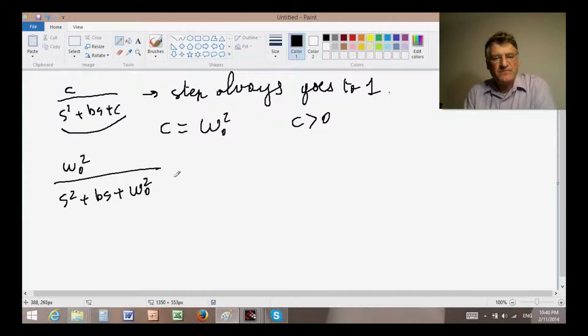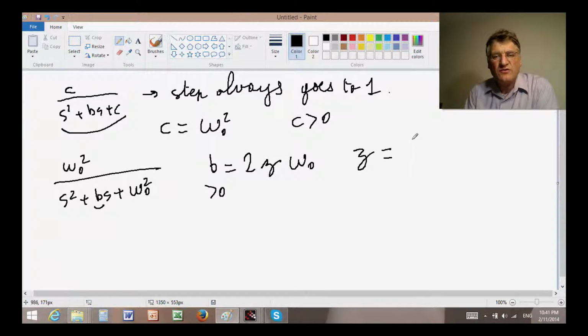Now we're going to introduce another notation for B. We're going to say that B is equal to 2 times zeta omega 0. This is always possible because B is positive, omega 0 is given, and zeta can be chosen to be B over 2 times omega 0. Now this may look artificial, but I will show you why not.